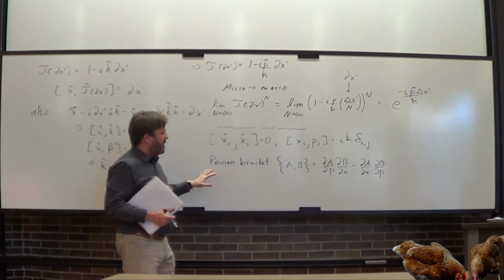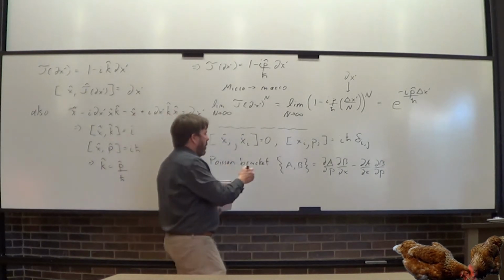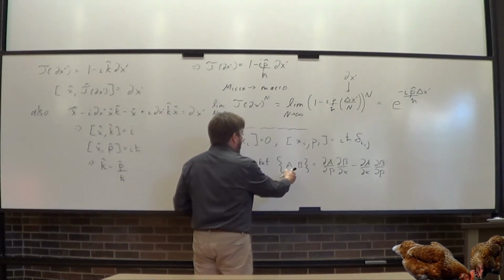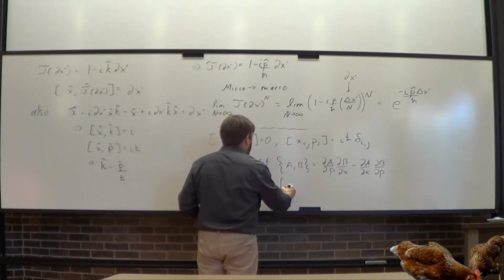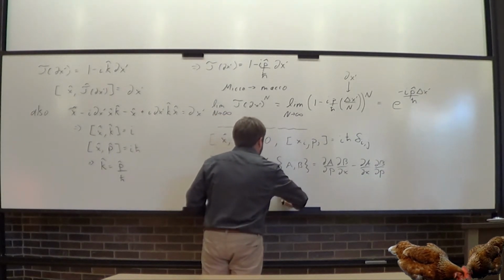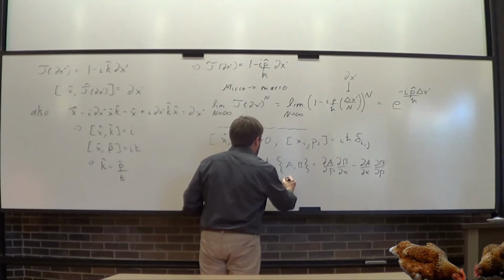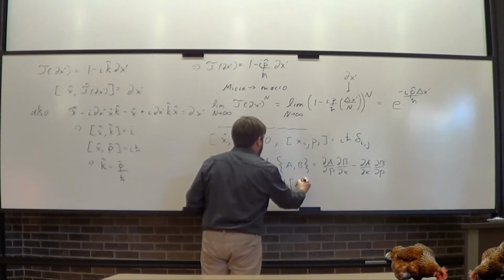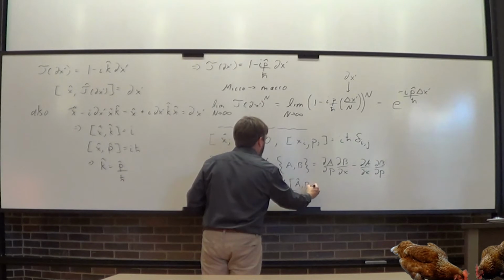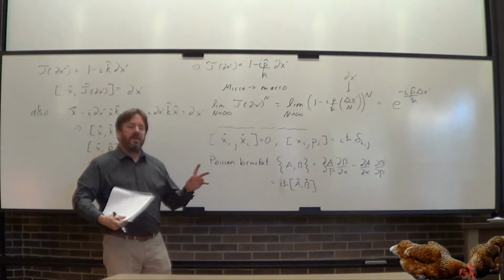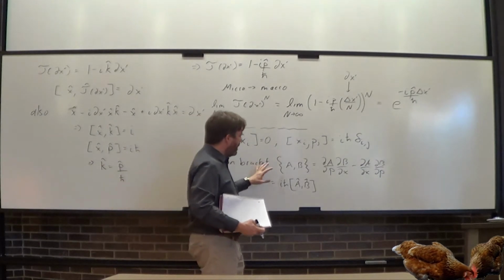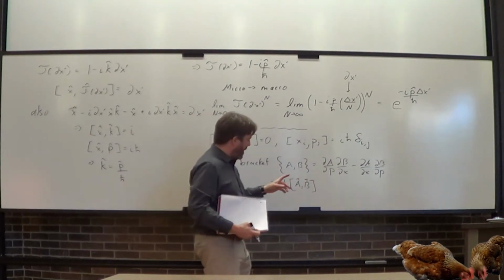It turns out that when you are doing x and p classically, the result is the same thing in quantum mechanics times iħ, where of course A is now an operator and B is an operator. So the book mentions this, and I'm going to bring this up later. I don't even care if you write it down, to be honest.